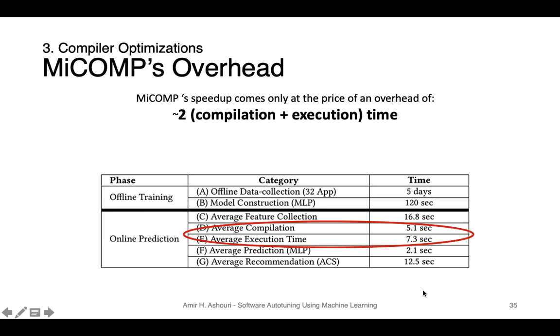On average, we calculated that this online prediction is going to cost you around 2 compilation and execution times. This is the price you have to pay if you are using MiCOMP, because anyway you have to run it at least once. So the price you pay is 2 times the compilation and execution time.